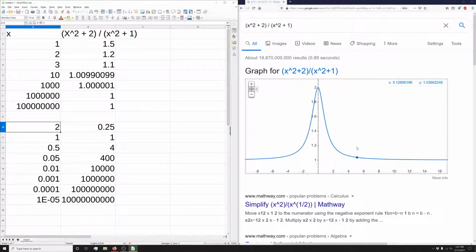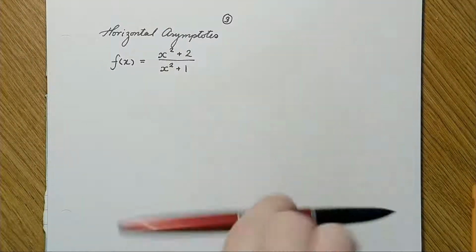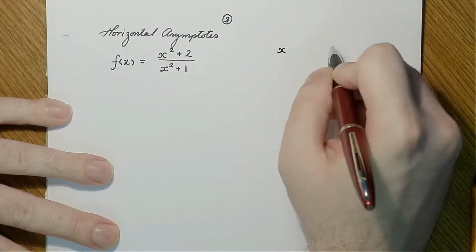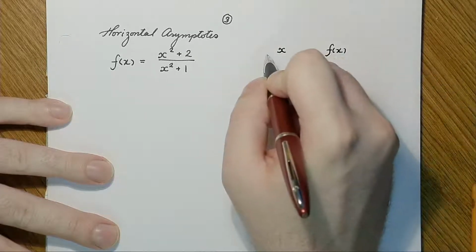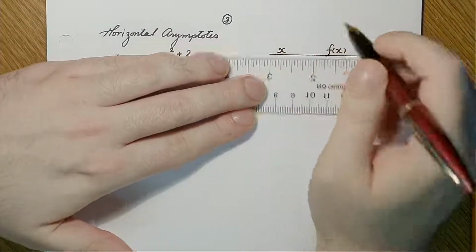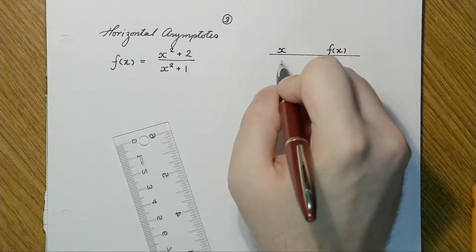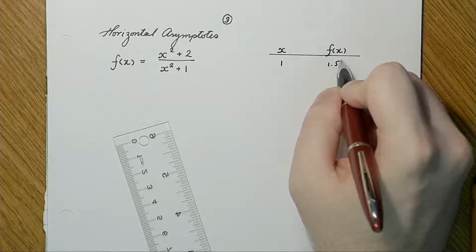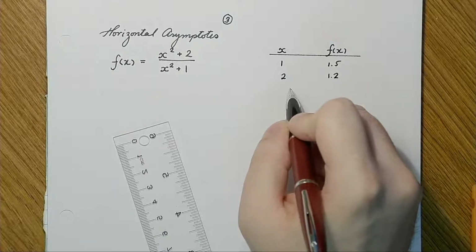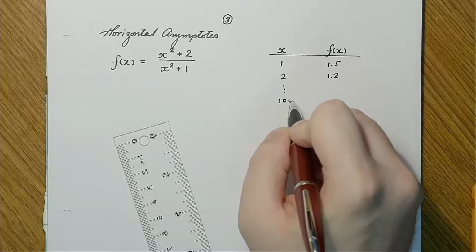Now, that's what we'll do. We'll also make a note of this on ours. So what we saw was that we have our function x and f of x. And what we noticed was, say, if we had 1, we had 1.1, we had 2, 1.2, and we got down to 1,000.